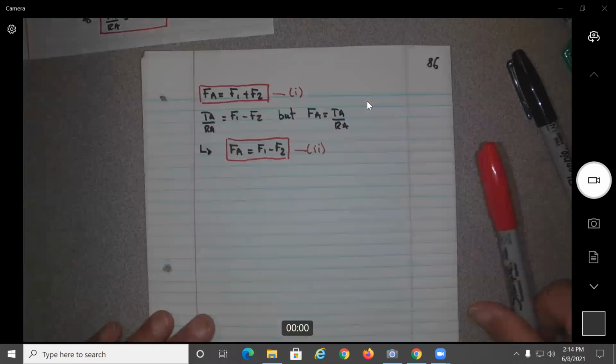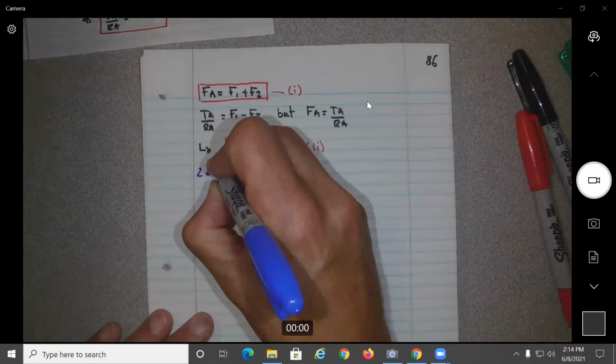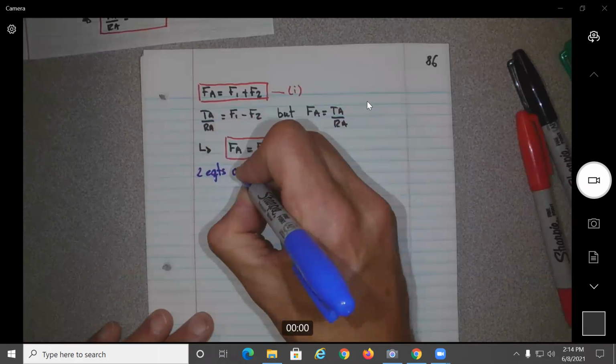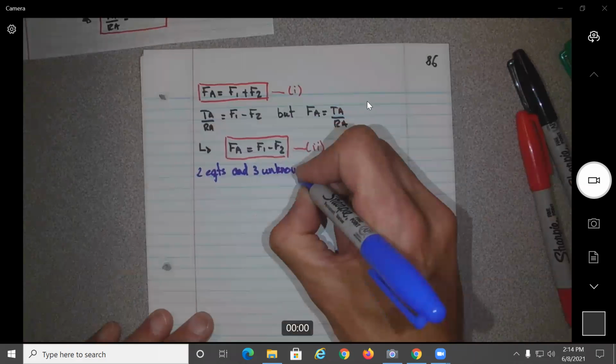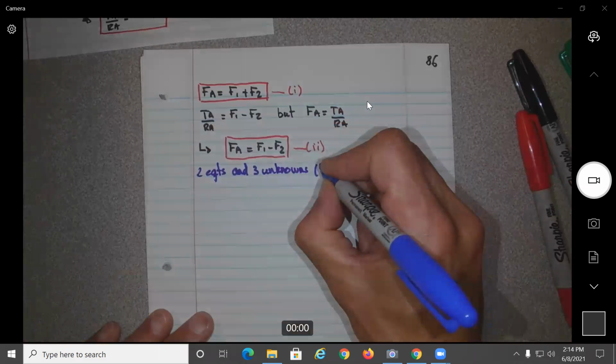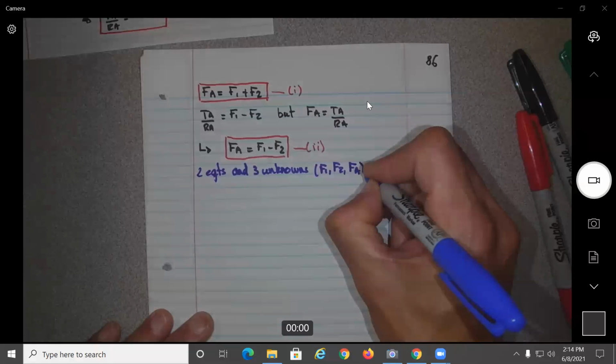So basically now, just thinking about mathematics, we have two equations and three unknowns, which are F1, F2, and FA.